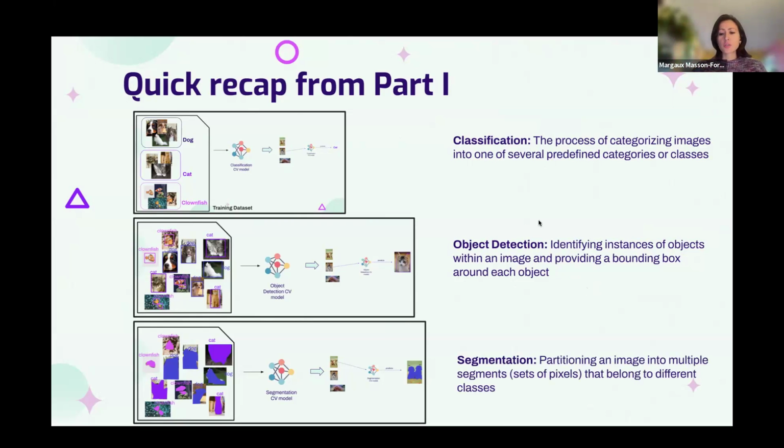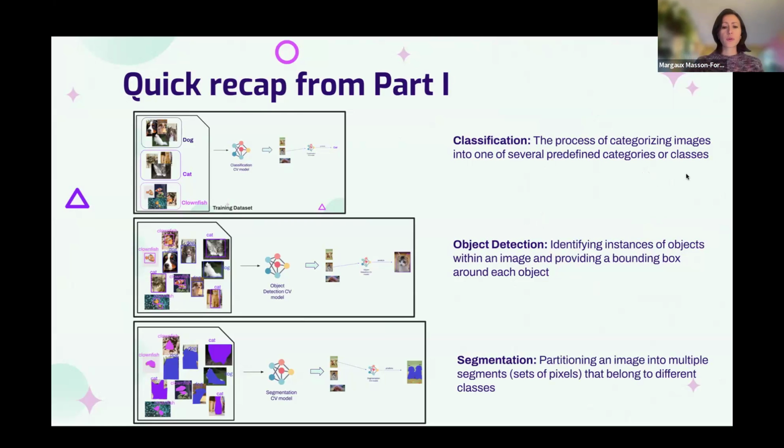And then segmentation, which is partitioning an image into multiple segments, or sets of pixels that belong to different classes. I like to think about segmentation as classifying every pixel in the image. That would be for semantic segmentation. But even instance segmentation is classifying and detecting objects at a pixel level.